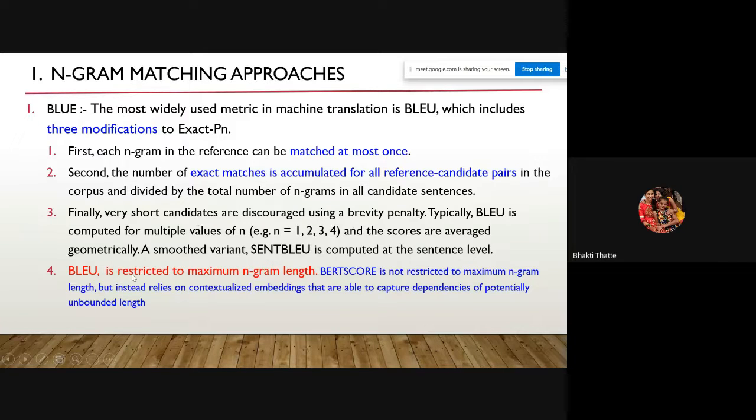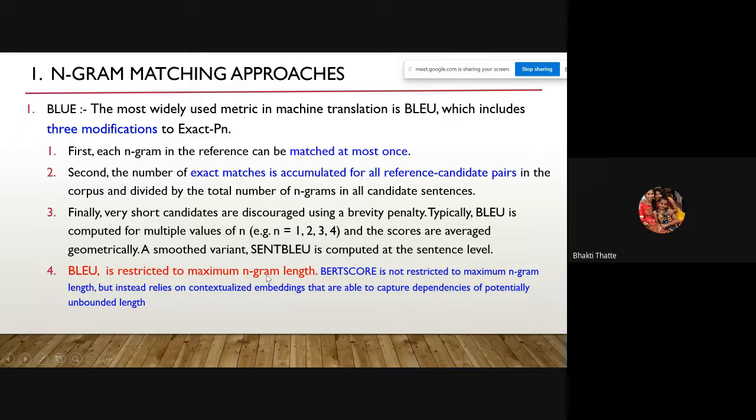So BLEU is restricted to a maximum n-gram length, whereas BERT score is not restricted to a maximum n-gram length, but instead relies on contextualized embeddings that are able to capture dependencies of potentially unbounded length. So this is the advantage of BERT score over the n-gram metric BLEU.